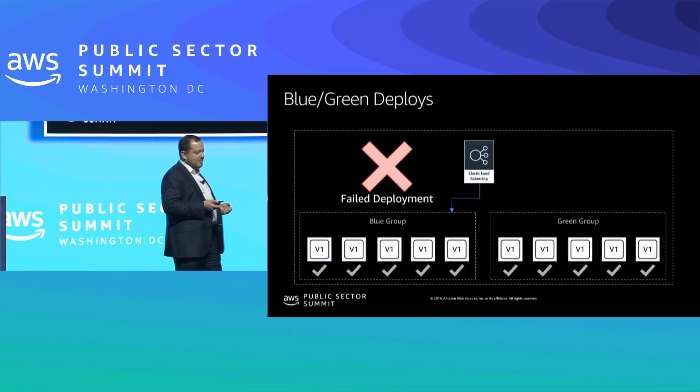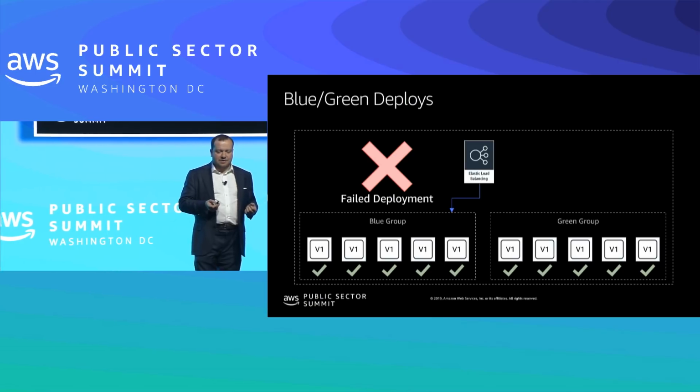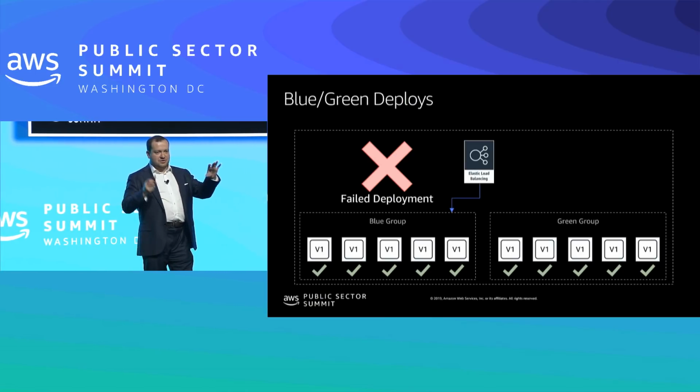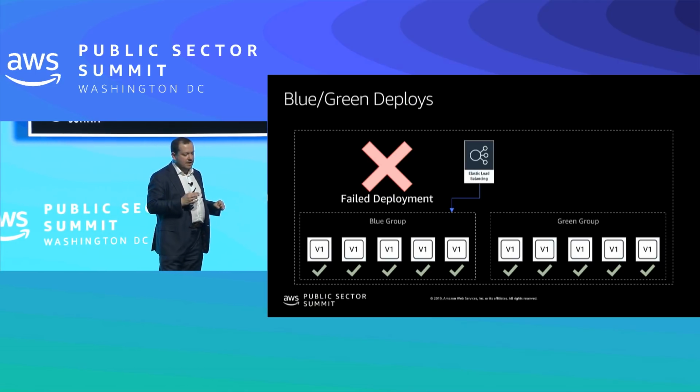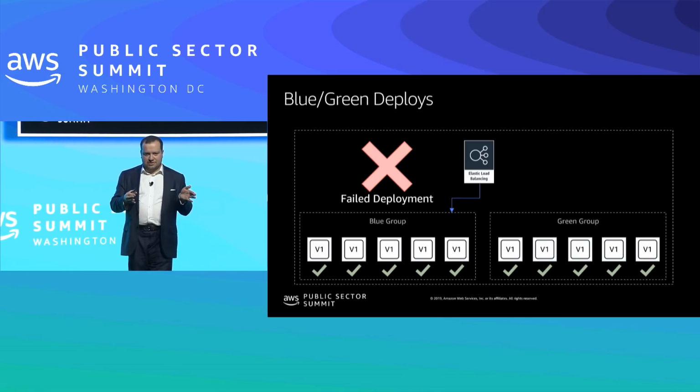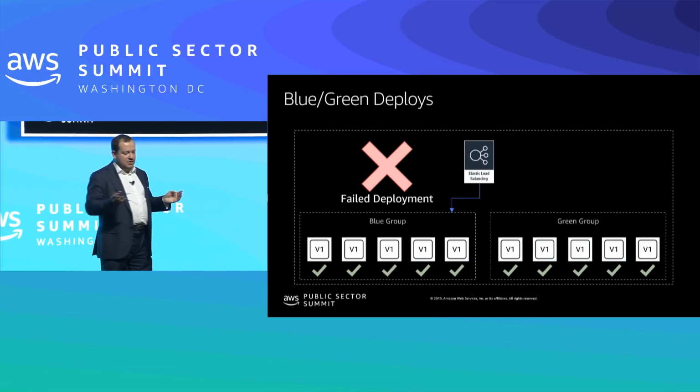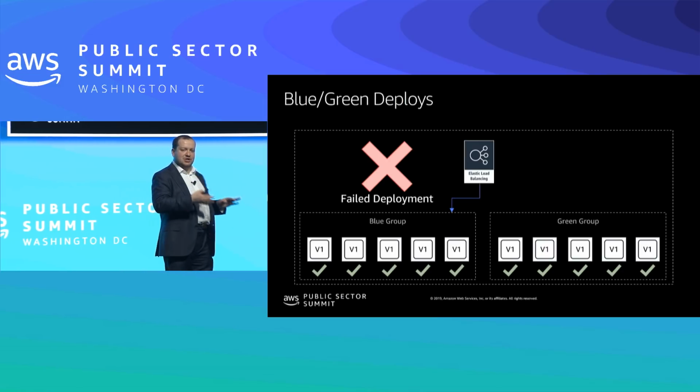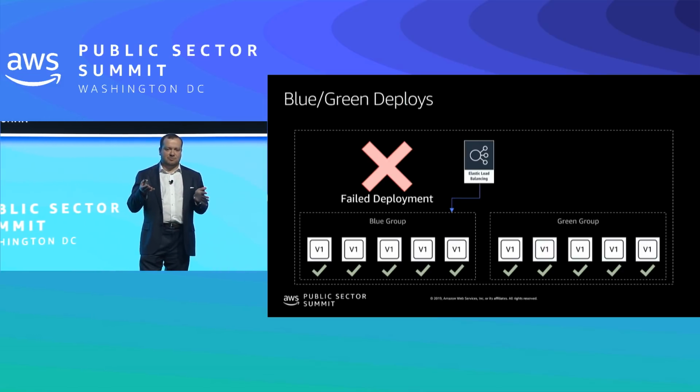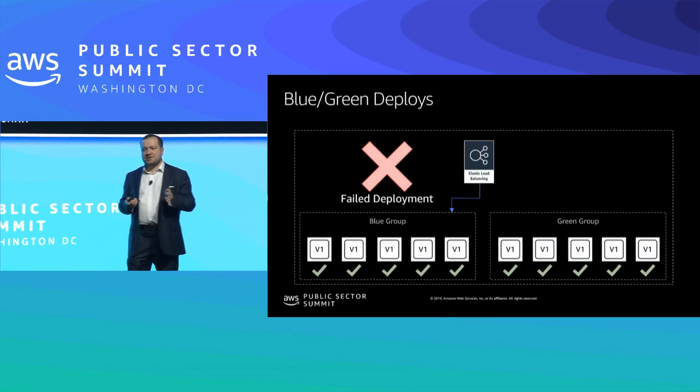So let's talk about blue-green deploys. The way blue-green deploys work is you've got two groups of instances. You've got your blue group, which is what is running right now, and you've got your green group. Your green group is a new set of instances that's spun up when you do a deployment. The new code is then deployed onto it.